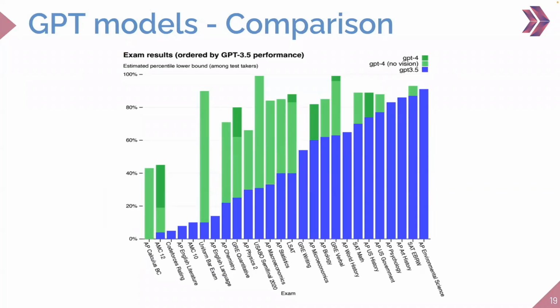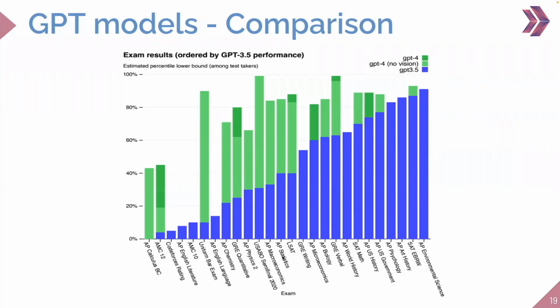Now let's look at some comparative study about GPT-4 and other models. I will show a couple of graphs, and on these graphs you will see the performance of GPT-4 and other models. So here, for example, GPT-4 with no vision and GPT-4 are green, and GPT 3.5 is blue. We have different exams.